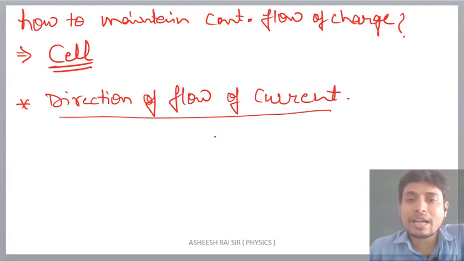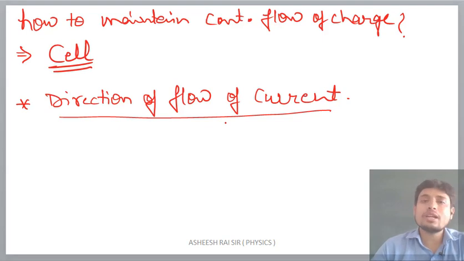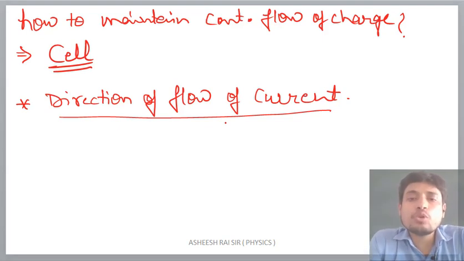The direction of the current is along the flow of the positive charge, from higher potential to lower potential. You can also say the flow of the current is opposite to the flow of the negative charge.